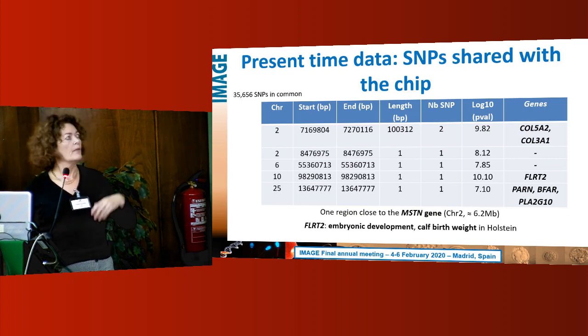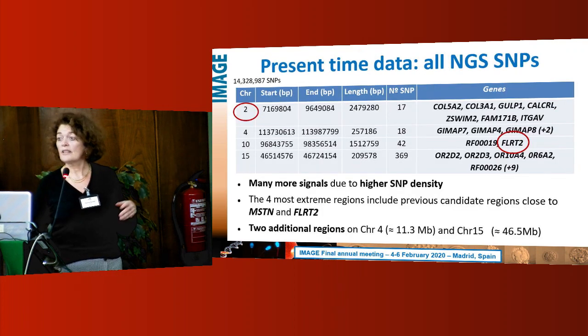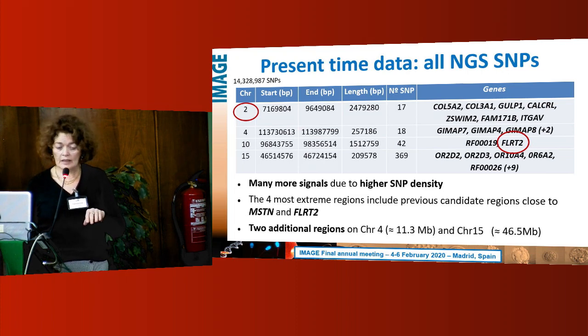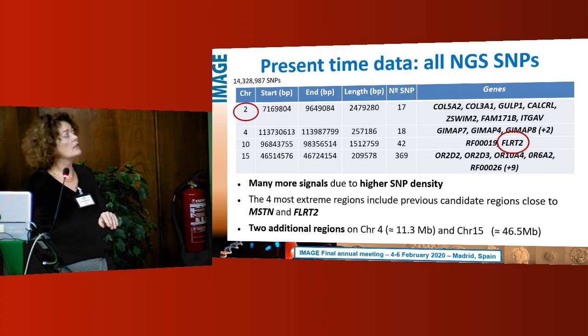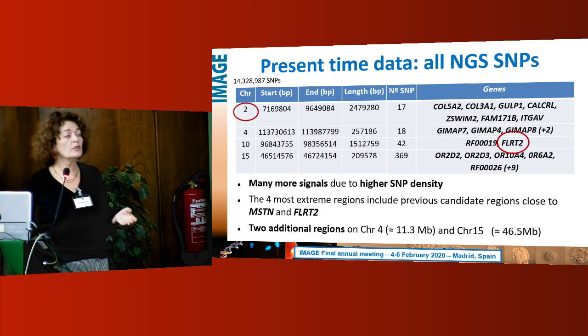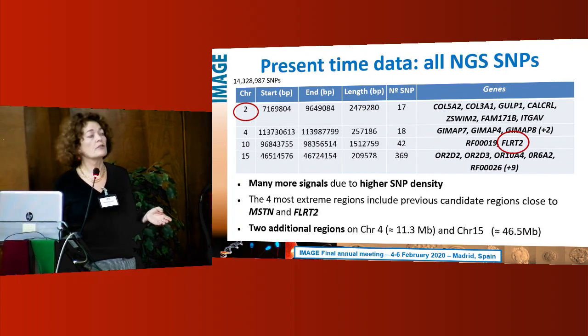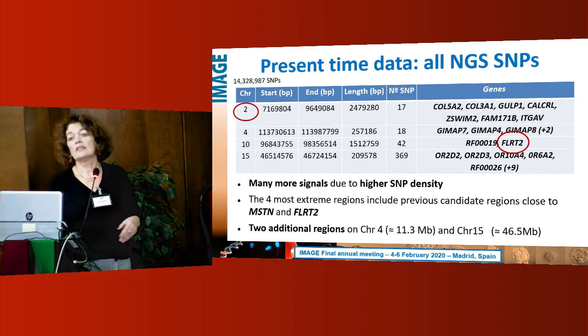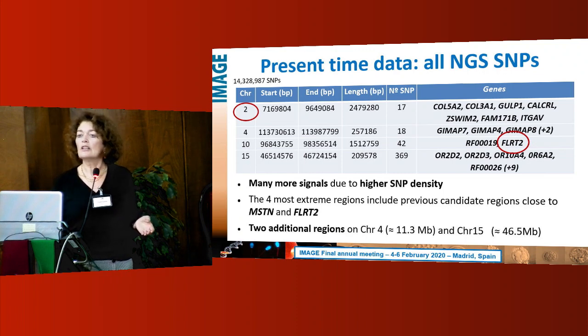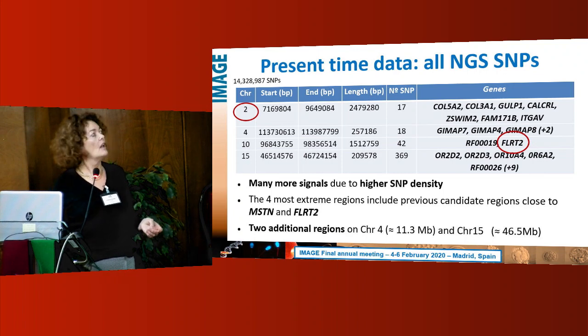Okay, I'll go further. What we did in a second step was to use this present time data, the animals analyzed in IMAGE of generation 8 and 9, but with all the SNPs that were found in the whole genome sequencing. So more than 15 million SNPs. And so the detection power was much increased. Of course, we have much nicer results.